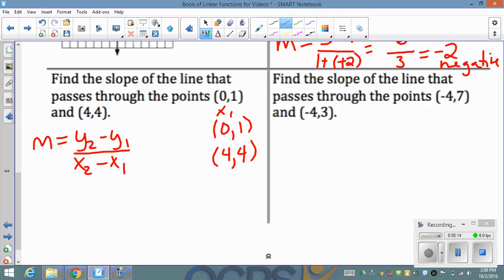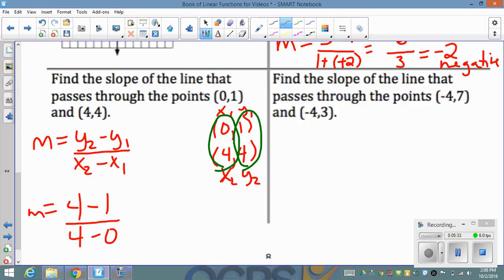This is my x1, y1, this is my x2, y2. So I'm going to do 4 minus 1 over 4 minus 0. 4 minus 1 over 4 minus 0. So that's a positive 3/4.